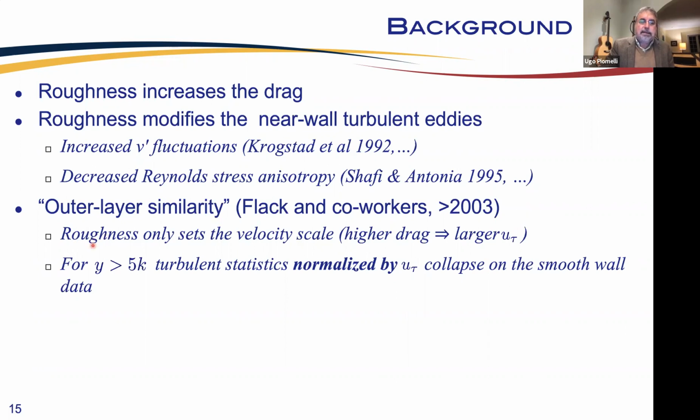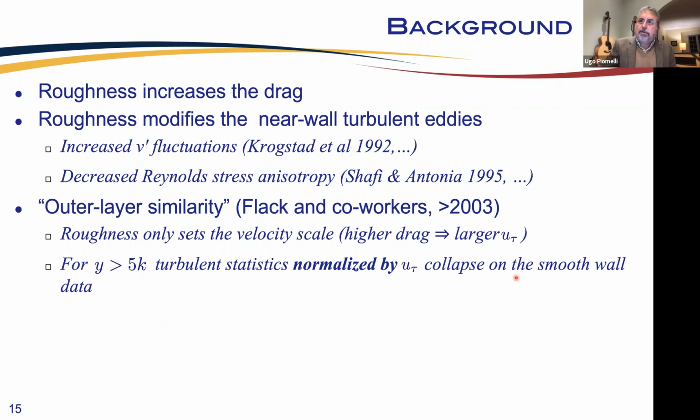Essentially, what has been observed is that roughness sets the velocity scale. Since you have higher drag, u tau ends up being larger compared with the smooth wall boundary layer or channel or pipe or so. However, a certain distance above the crest, about 5 Ks from the wall, the turbulence statistics normalized by u tau, the new value of u tau, which is larger than for the smooth wall, collapse on the smooth wall data.